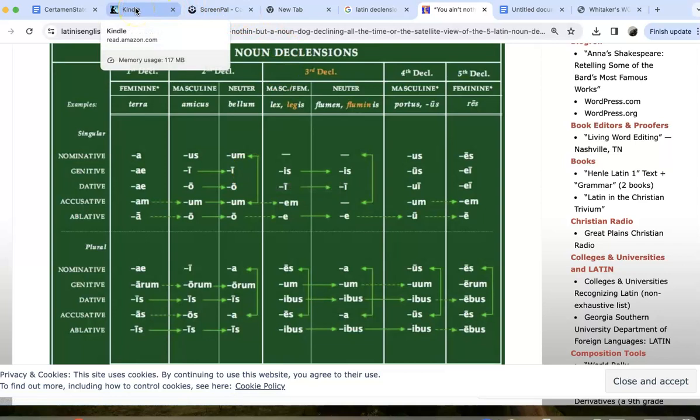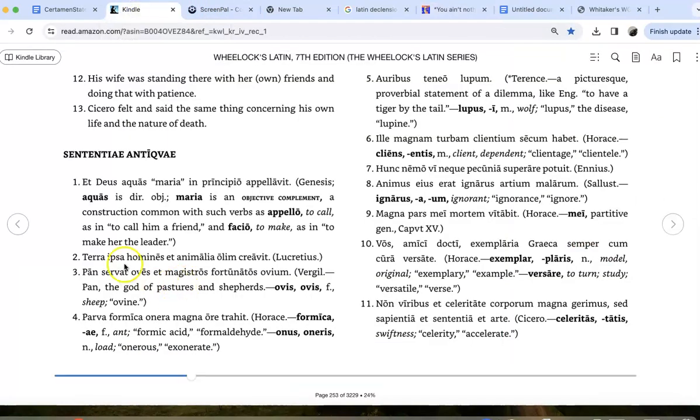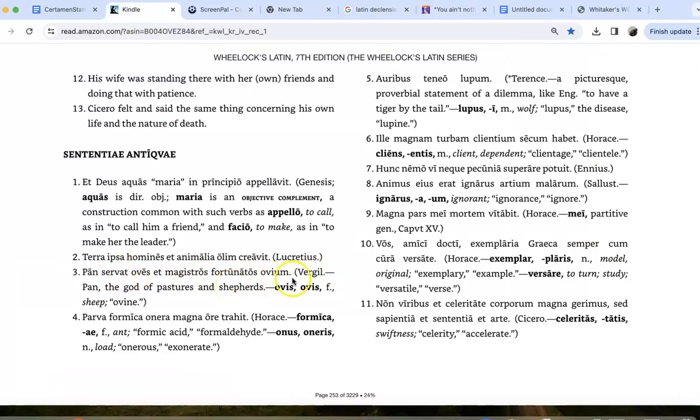All right, so fairly straightforward, but this chapter really allows you opportunity to more fully master these noun declension endings. Tres panservat ovis et magistros fortunatos ovium, from Virgil. Pan, as you can see, is the god of pastures and shepherds in classical mythology. Servat means, in this case, to keep or protect.